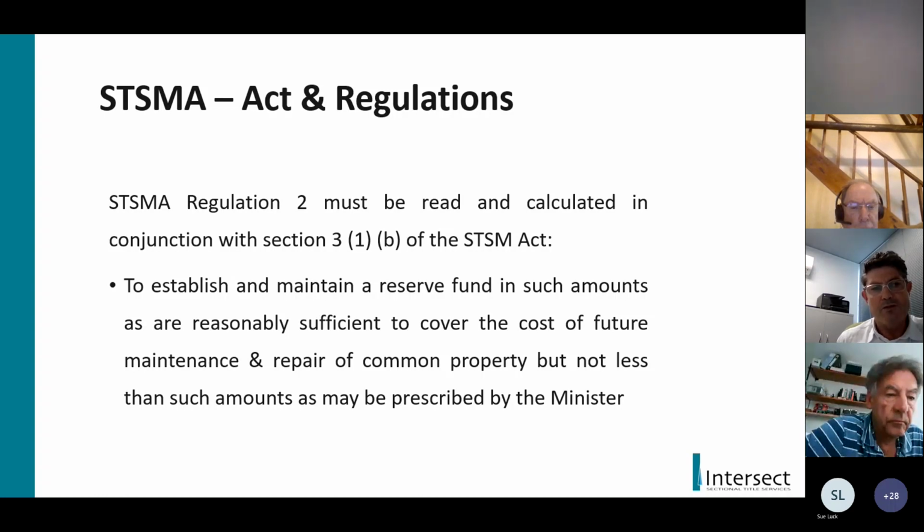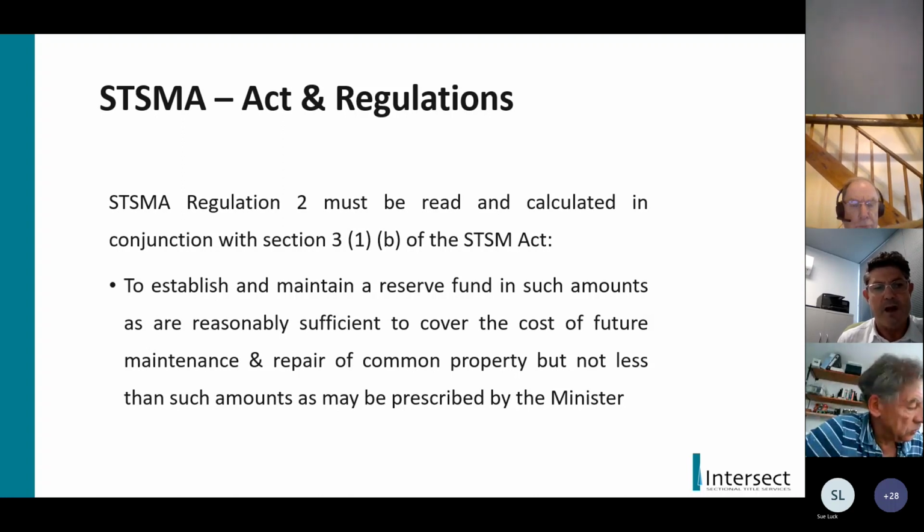And I'm just going to read what 3(1)(b) says specifically. It says to establish and maintain a reserve fund in such amounts as are reasonably sufficient to cover the cost of future maintenance and repair of common property, but not less than such amounts as may be prescribed by the Minister.